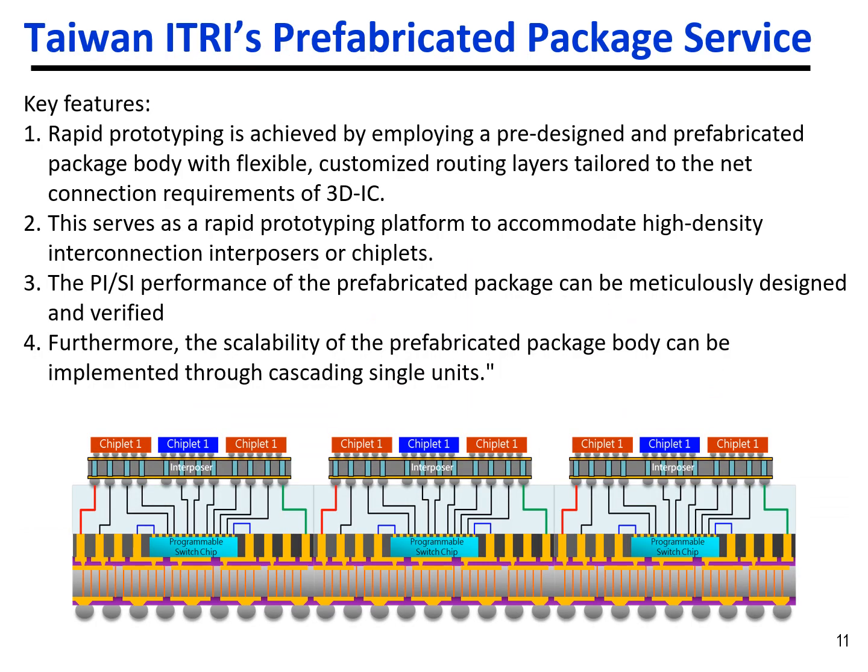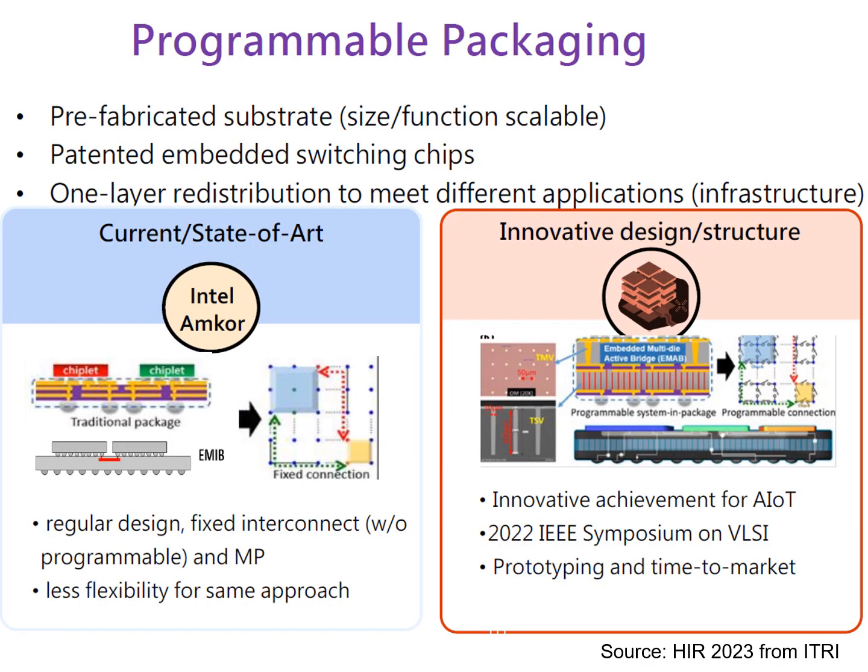Okay, the basic idea is shown here, and also we can take care of the PI/SI performance. So this shows that with this technology from Taiwan's E3, okay, we can have very fast prototyping by taking advantage of the benefits from the advanced packaging.